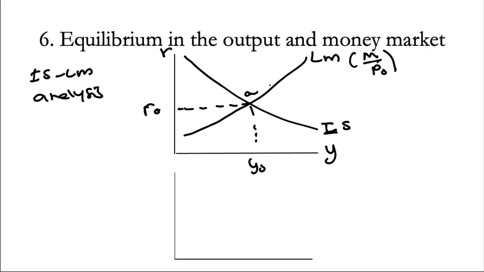Now, at the same time, here, not only I want to show you equilibrium interest rate and output and equilibrium money market, I also want to show you from IS-LM analysis here, we can derive aggregate demand.